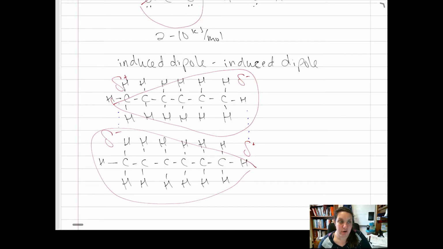Okay, so our strongest is the ion dipole, our weakest is induced dipole, induced dipole. As I said, as we increase our molecular weight, we're going to increase the induced dipole interactions. As we increase our surface area, we're going to increase our induced dipole ability.